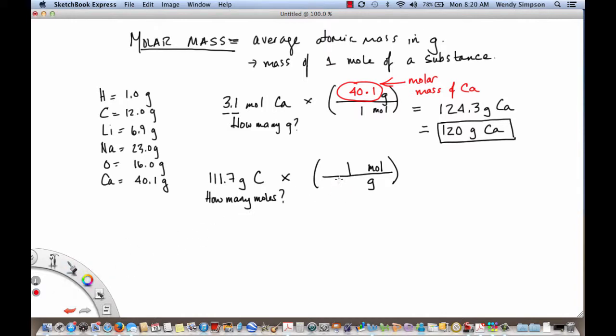This value is going to be the molar mass of carbon, and that value would be 12.0 grams.